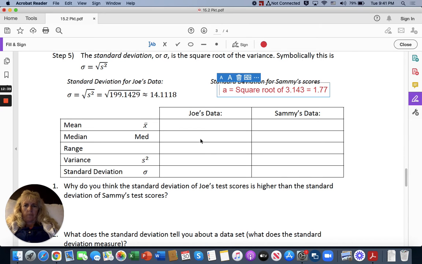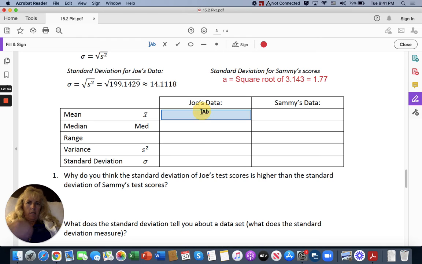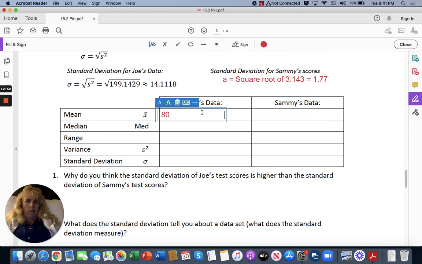So the mean for Joe's data, okay, so here we have 80. And remember the mean for Sammy's data was also 80. If you look at the median, the median for Joe's data is 78.